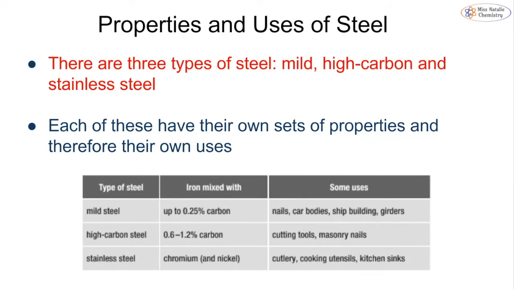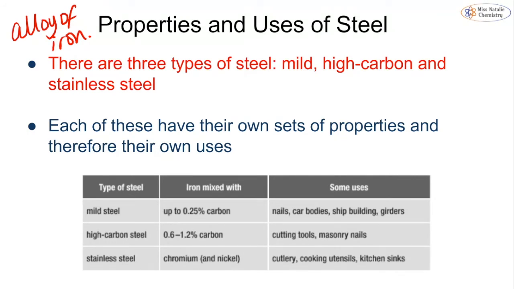Now, if we look at steel, steel is an alloy of iron. And there are three types of steel. There is mild, high carbon, and stainless steel. And you will come across these pretty much every day of your life, probably most commonly stainless steel. So each of these types of steel have their own sets of properties, and therefore they have their own set of uses.